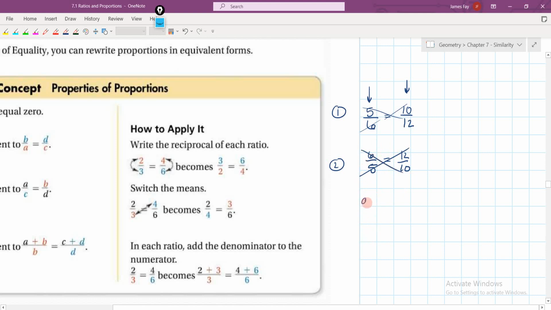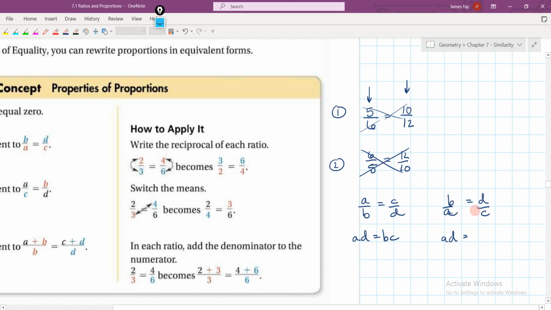So the idea is if I start with A over B equaling C over D, if I cross multiply those, I get AD equals BC. The property says you should be able to take the reciprocal. So let's take the reciprocal. Let's go B over A equals D over C. If I cross multiply, do we still get AD there?